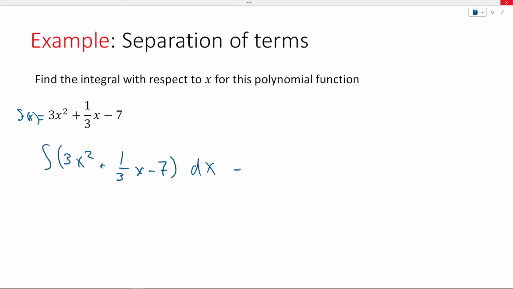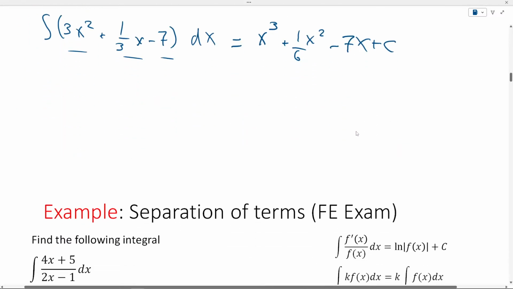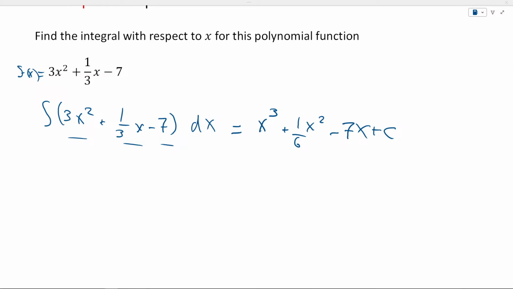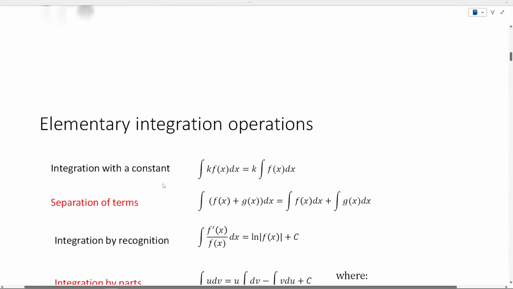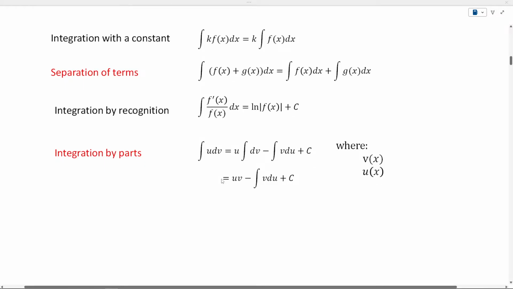We know that you integrate this term, this term, and this term, and then you put a constant at the end. Integrating this gives x to the power 3, this gives x to the power 6, and that would be minus 7x plus c. So there's nothing new here. This is called separation of terms.